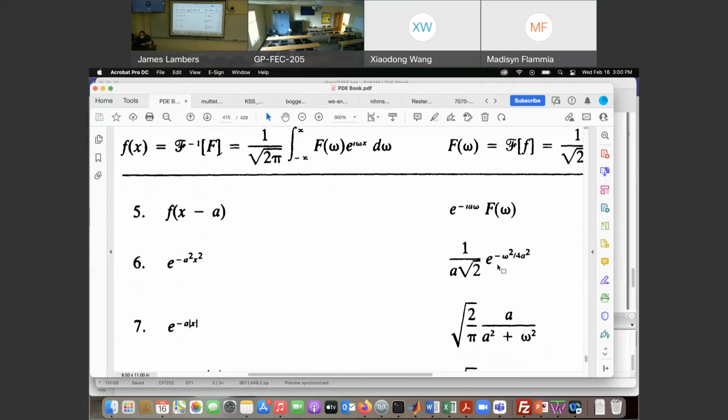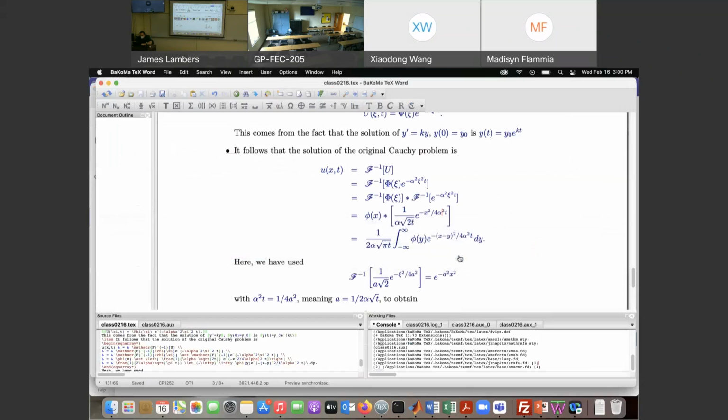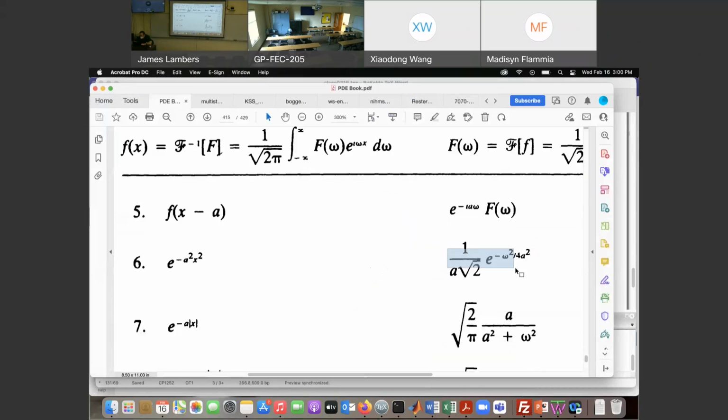What I've done in the notes is I've copied down this rule with the appropriate change in notation. This is exactly that rule, that the inverse transform of this function gives you this one, where the constant a here is the same constant a over here.